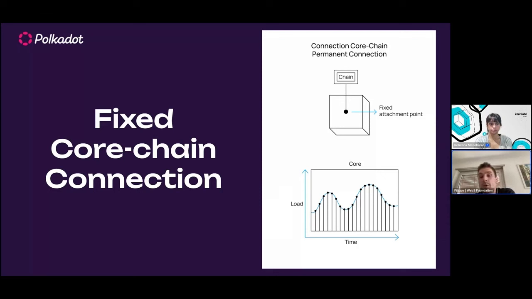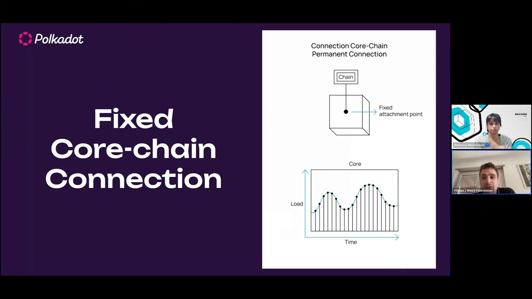So how can we access this computation that Polkadot provides, this service? The only way to access this service is to win an auction. So the highest bidder gets access to this computation, to one of these cores.